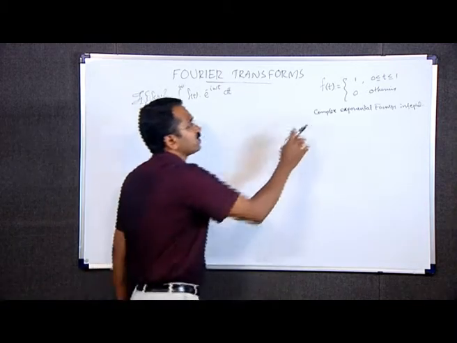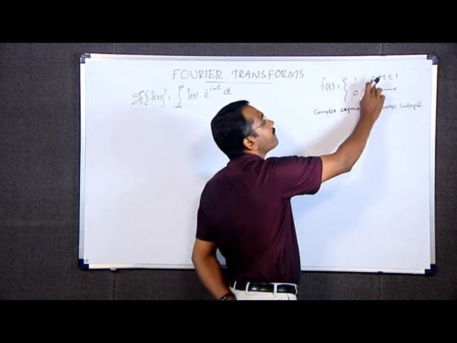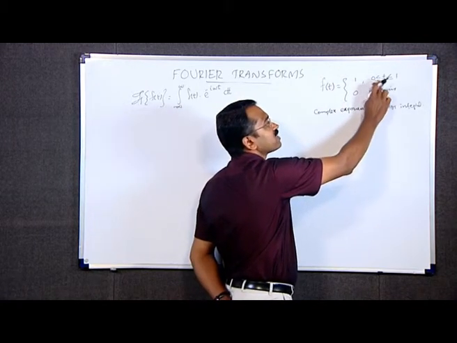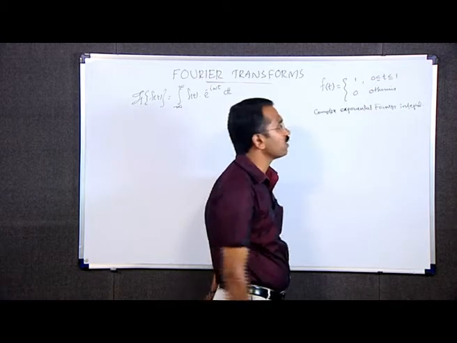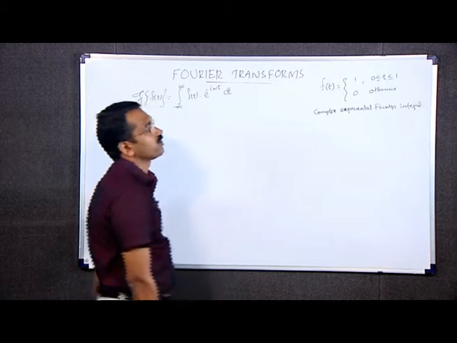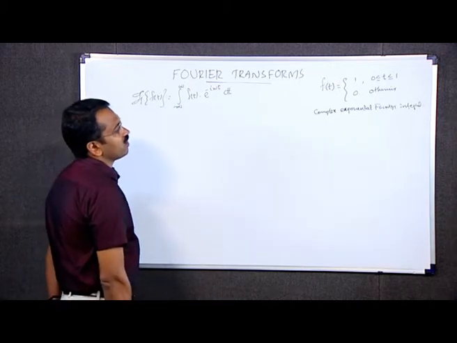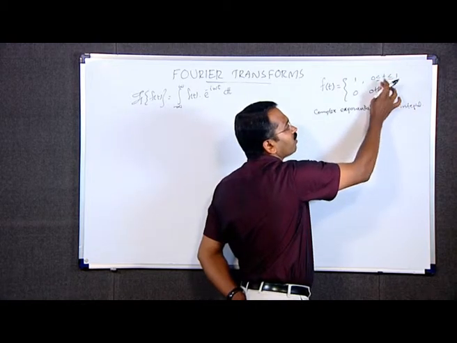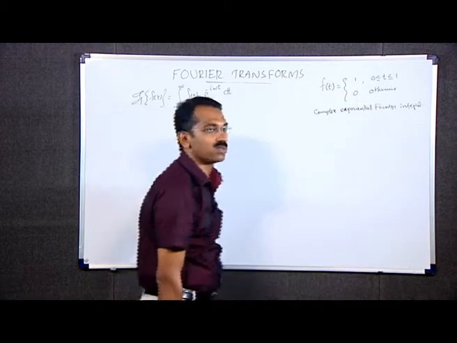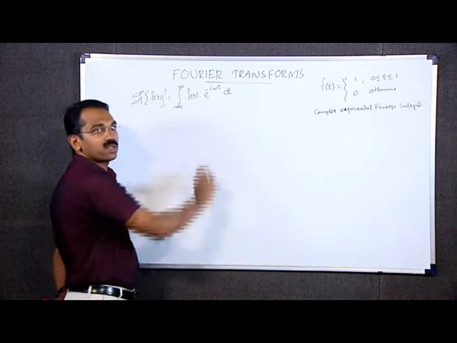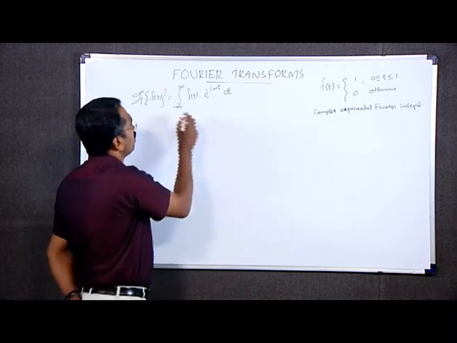Here the function is given by f of t equal to 1 for 0 less than or equal to t less than or equal to 1 and equal to 0 for all other cases. All other cases means t may be greater than 1 or t may be less than 0. Therefore, we have to split this integral into 2.